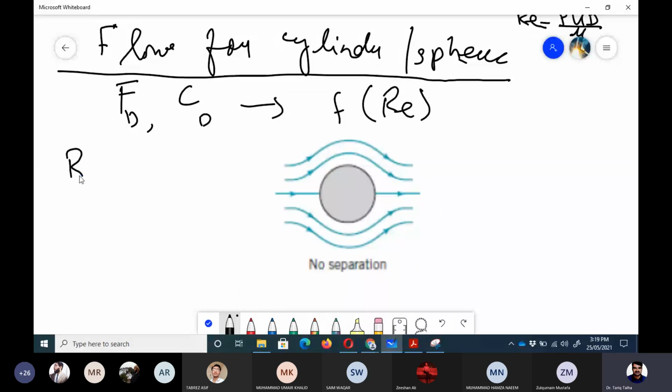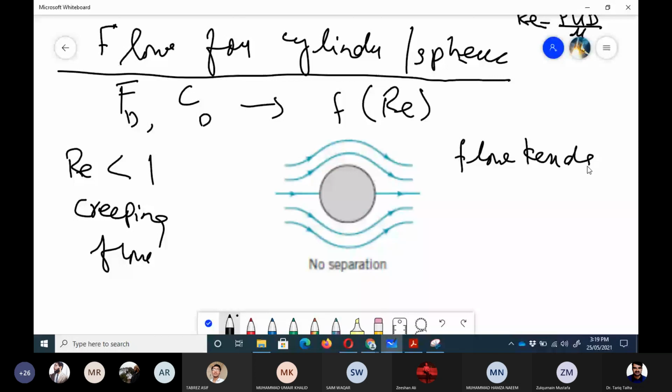So it means that this is very creeping, we call it creeping flow. So it means that flow velocity is very less. So when the flow velocity is less, the flow tends to stick with the cylinder surface.